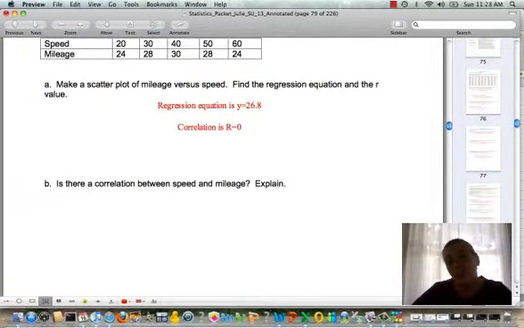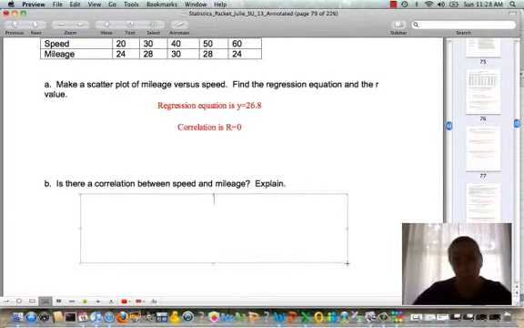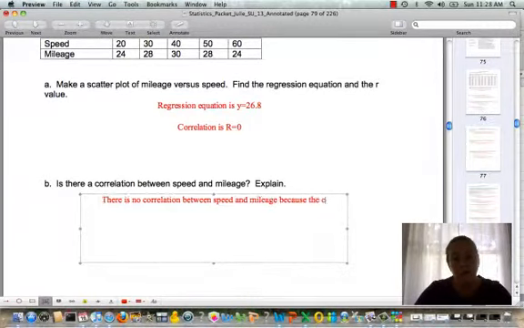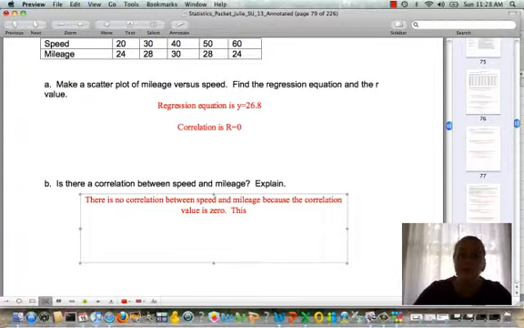So when correlation gives you a 0 score, that means there is no correlation. So we say there's no correlation between speed and mileage because the correlation value is 0.